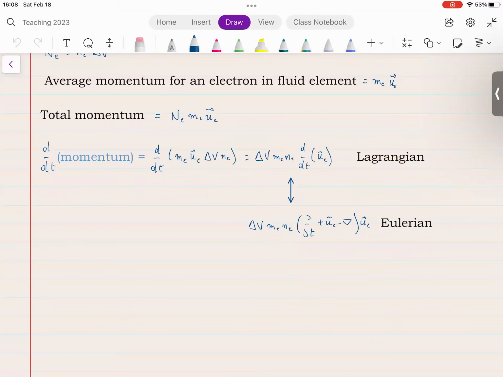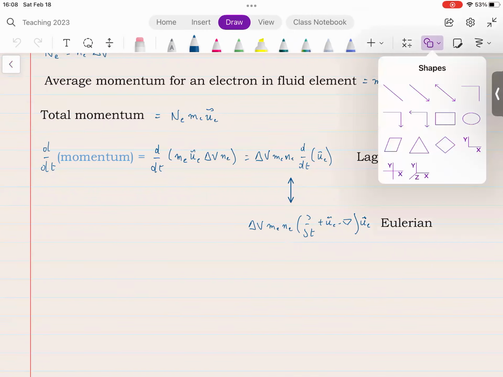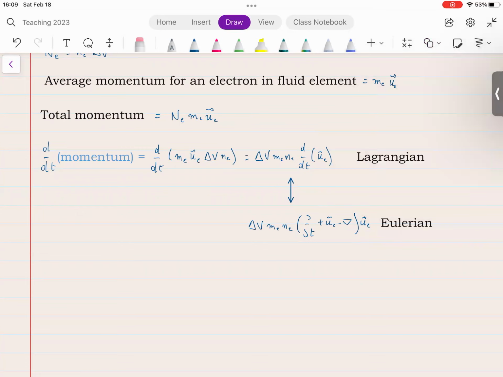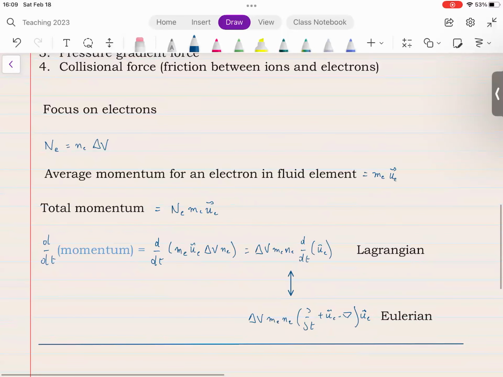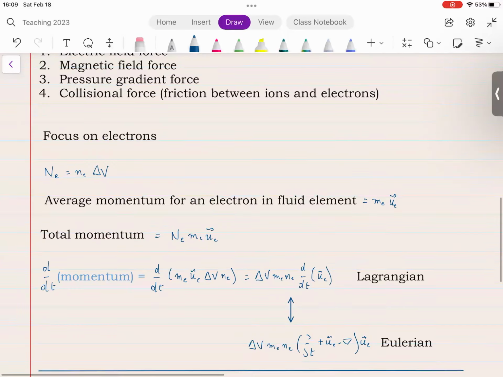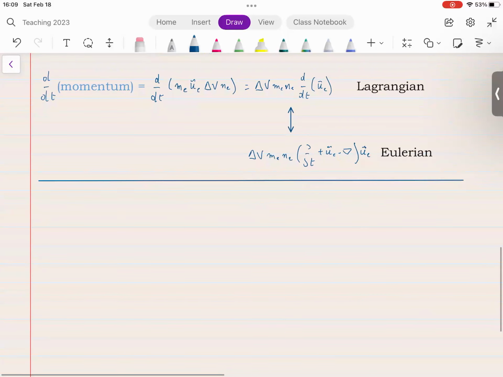Now, let's follow our list of forces. The first force that we have is the electric field force. This is actually pretty easy.